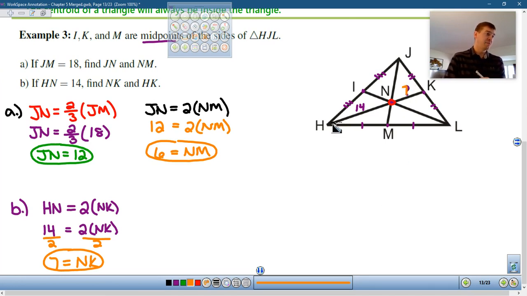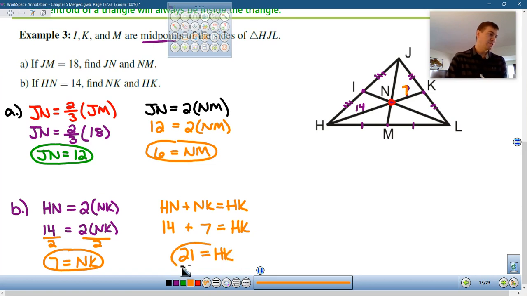Well, if HN is 14 and NK is 7, we can use segment addition. And we just do 14 plus 7 to find HK. 21 is HK. And that's not the only way to do that.